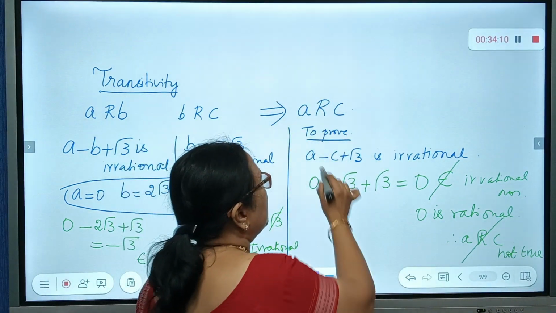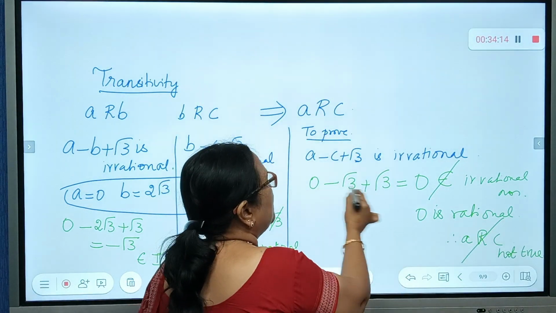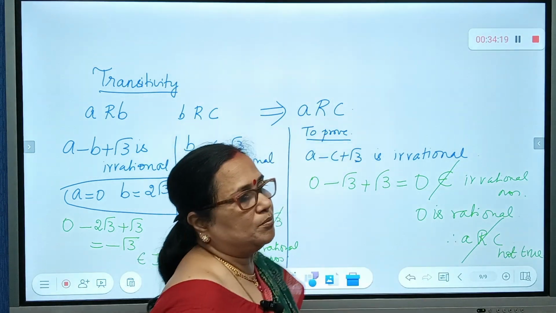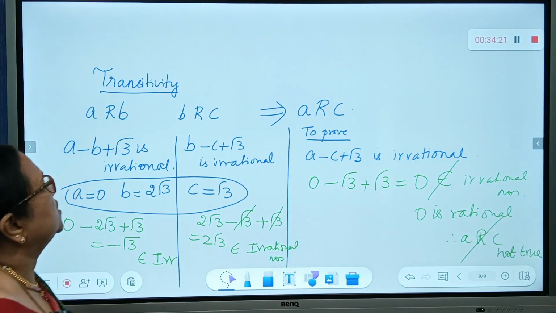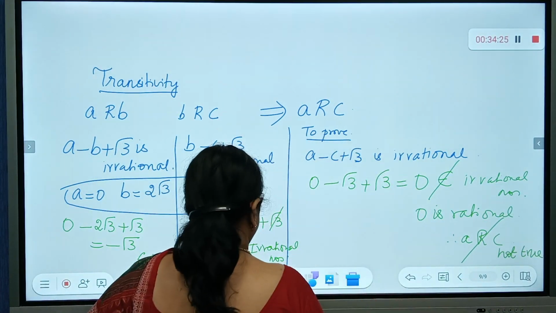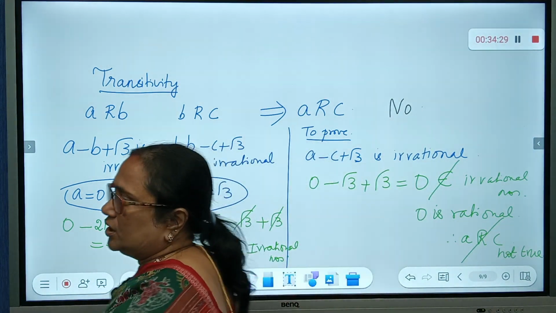However, if you look at A minus C plus root 3, is it irrational? What do you get? 0 minus root 3 plus root 3 is 0, which is not an irrational number, it's a rational number. So, A is not related to C. So, no. Therefore, it is not transitive.